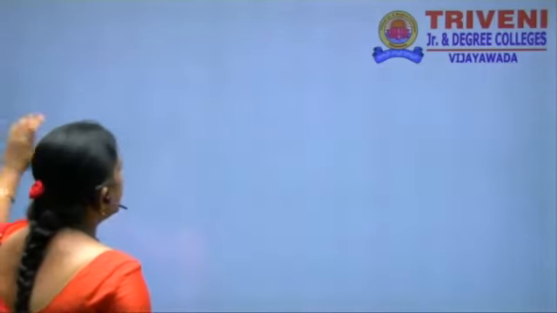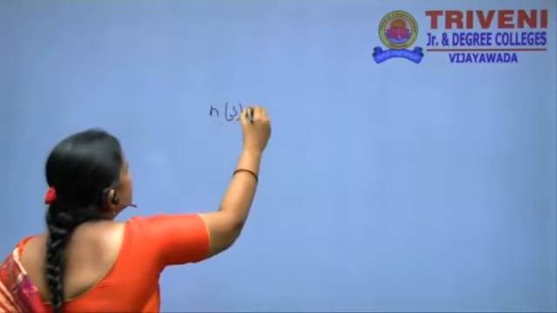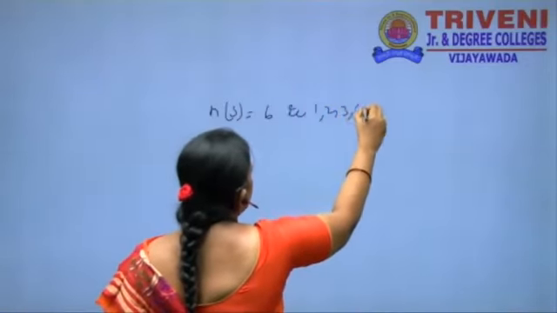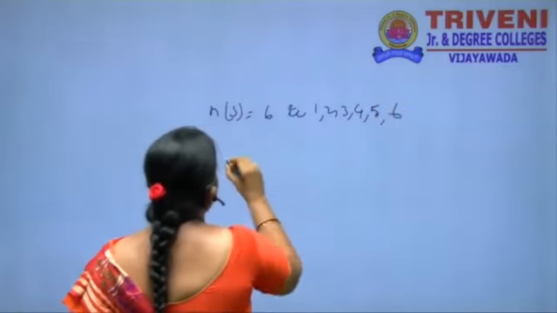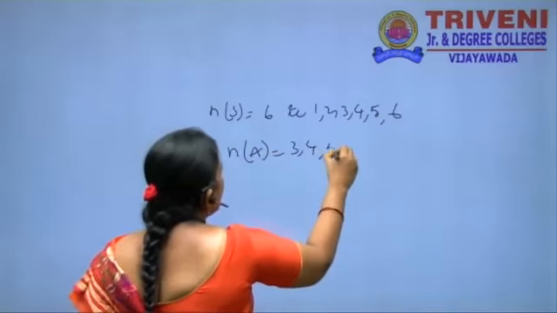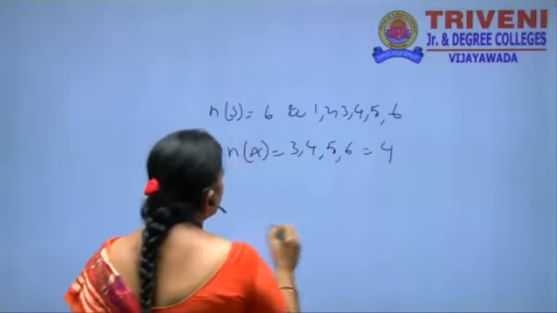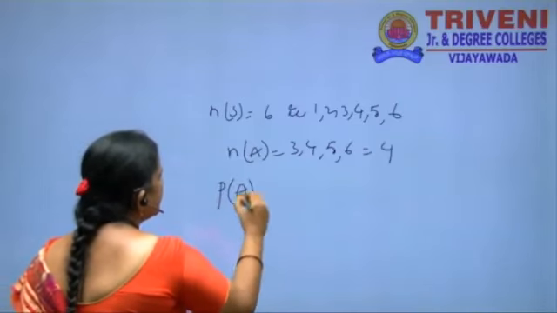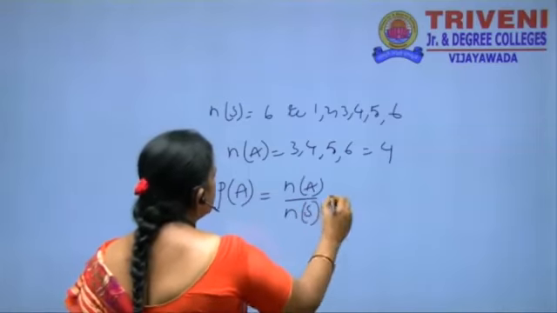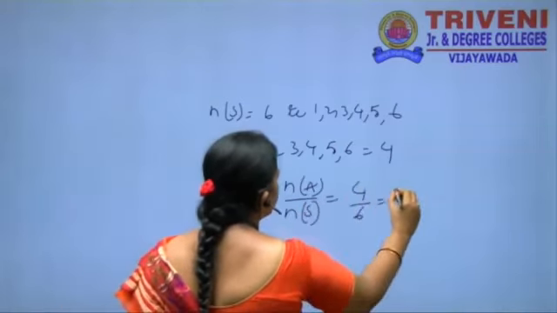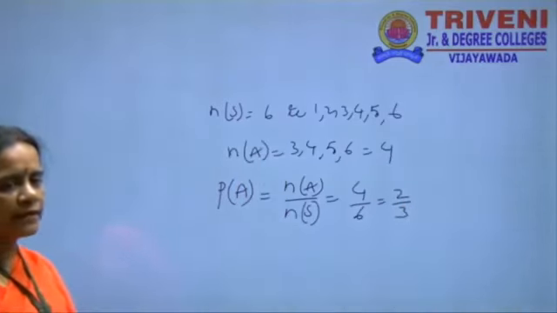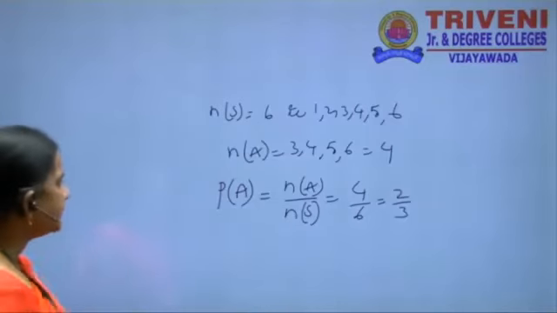And then n of S is equal to how many faces is there? 6 faces. Then the probability of A be the event is n of A by n of S. That is equal to 4 by 6. That is equal to 2 by 3. Okay, the probability of greater than 2 when rolling a die is 2 by 3.